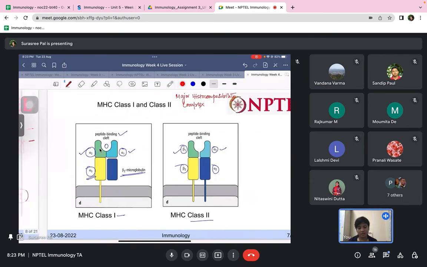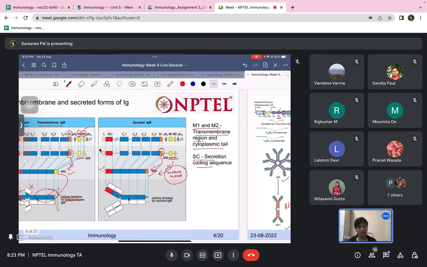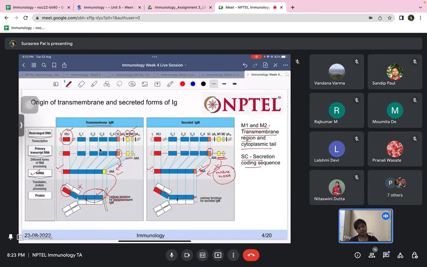So here you will see that all these constant regions are on the same mRNA only, but in the pre-mRNA transcript, which is this primary transcript, not all these constant regions are expressed together.